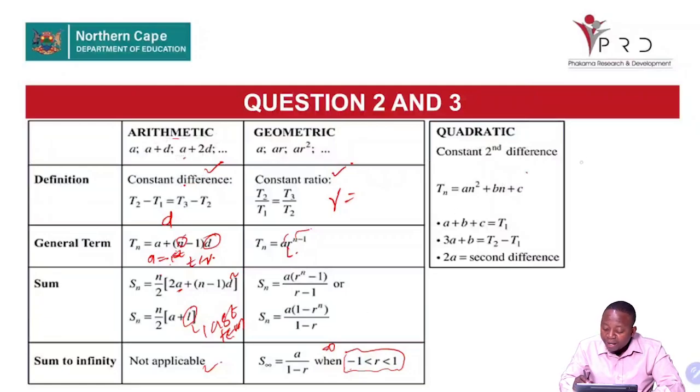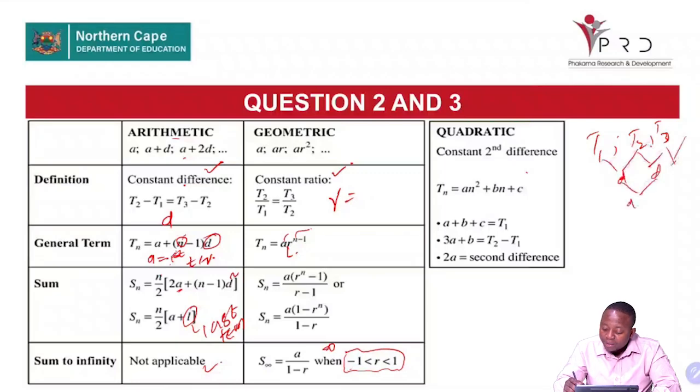So we'll have our first pattern, T1, T2, T3. From there, we'll subtract and get a difference here, and subtract those, we'll get another difference. We add another one there, T4, then we get another difference, which is the second difference, which is constant.